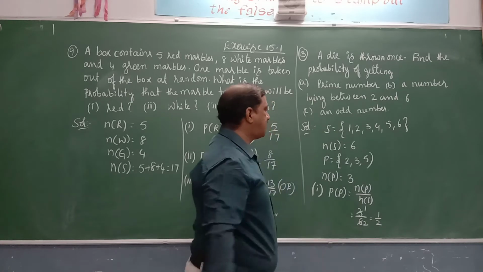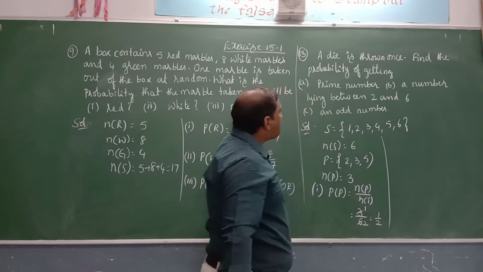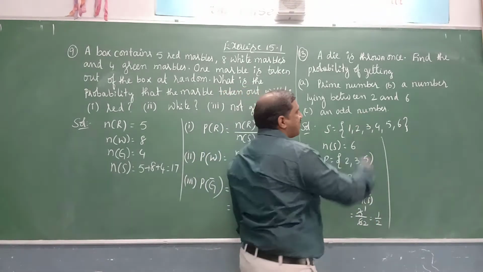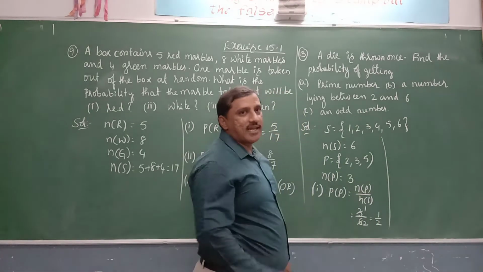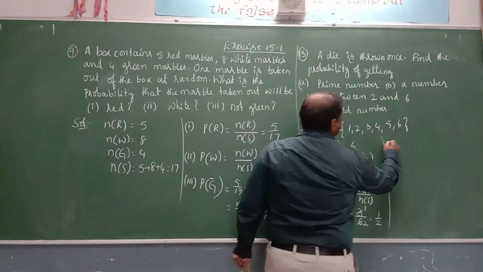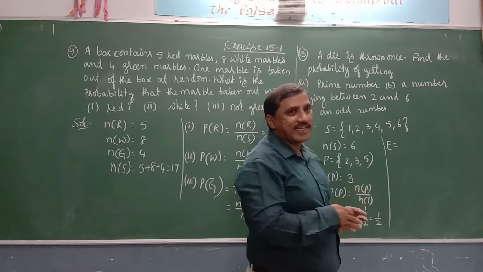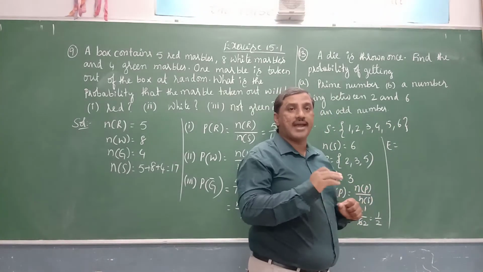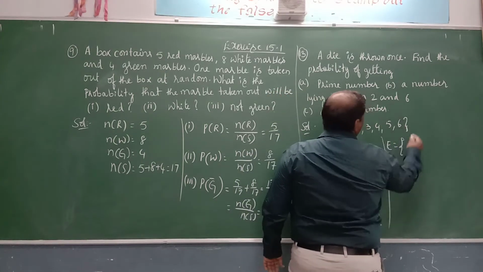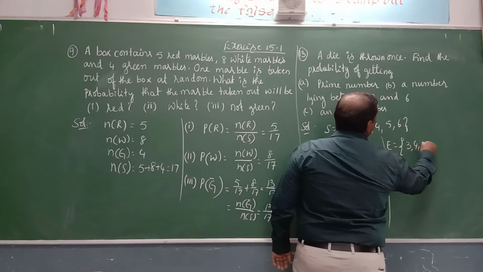Now similarly, the second one: a number lying between 2 and 6. Let that event be E. So E stands for numbers lying between 2 and 6. Between 2 and 6 means 2 and 6 both are excluded. So what are the numbers which we have here? Between 2 and 6 means 3, 4 and 5.